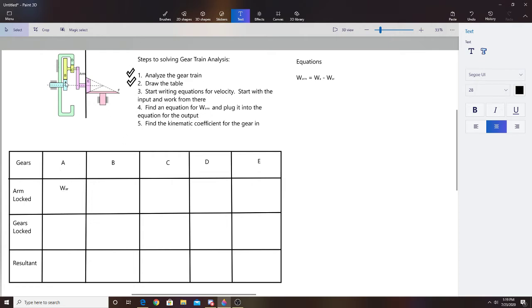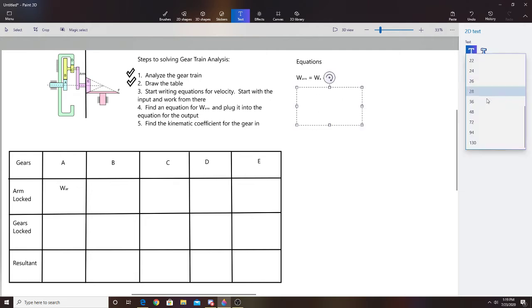So our next gear is A and B contacting each other, right? And it's externally contacting, which means that, let me write the other equation over here, so this one works out for us. Remember this, it is N, so I'm going to write this NA times WA is equal to NB times WB, right?